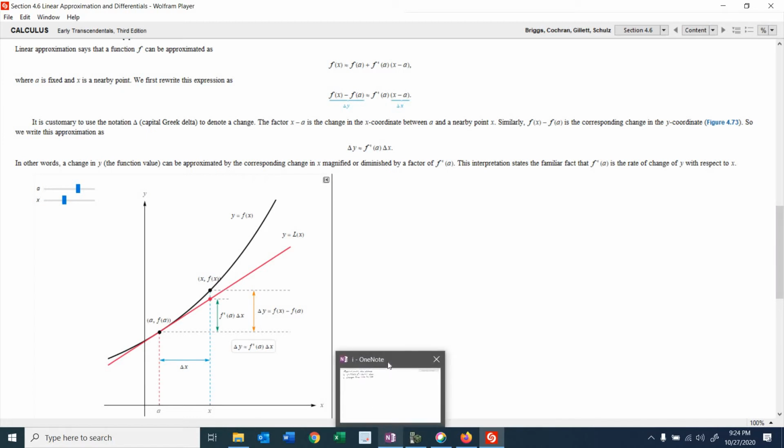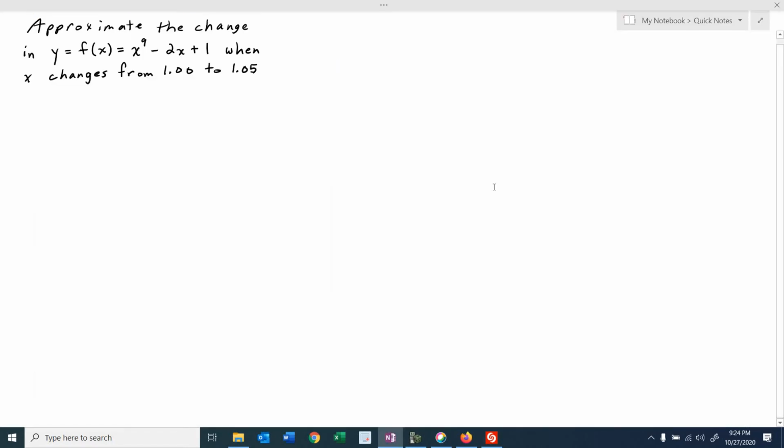Okay, so let me show you an example or two where we use this approximation. In this example, we're going to try to approximate the change in the y value for this function when x changes from 1 to 1.05. And so we're going to use that formula. Delta y is approximately f prime evaluated at a times delta x.